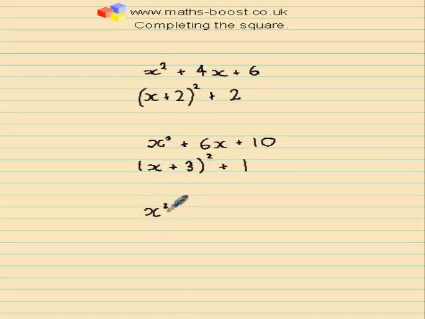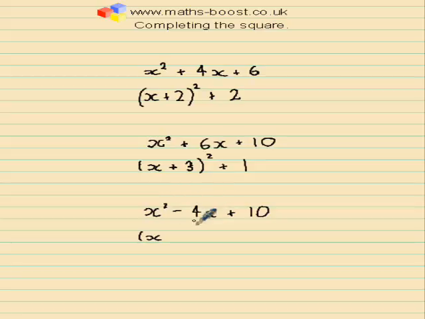So I'll write out another quadratic expression, and we'll carry out the first step. It's always the same with an expression like this. We start off our brackets, and then in the bracket we add to it half the number that's in front of the x term.